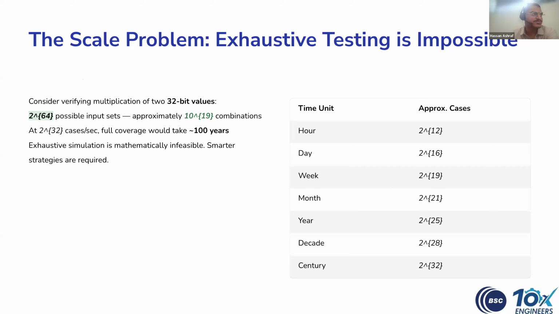Look at this example. It's an example of verifying a simple 32-bit multiplication, and it mentions that you might take up to a century to cover all the scenarios on this 32-bit multiplier. And we do not have so much time to verify and fabricate one chip that is just a 32-bit multiplier.